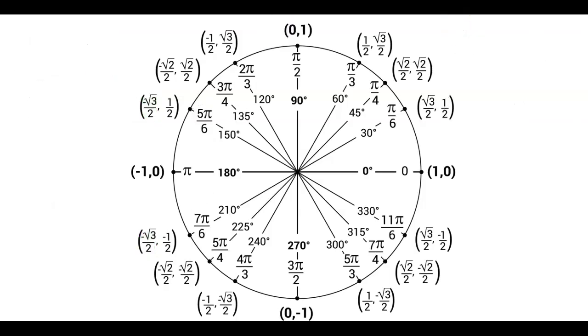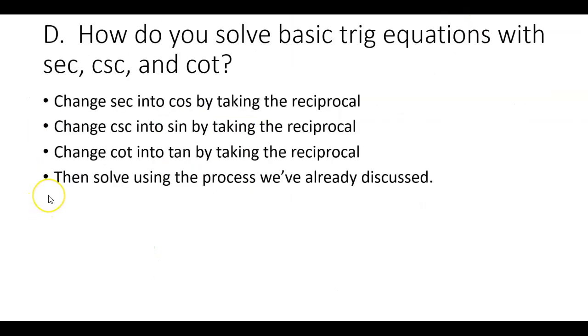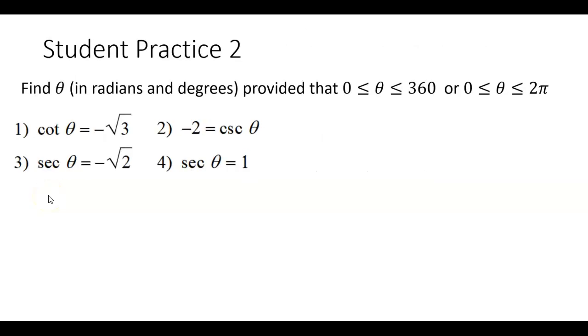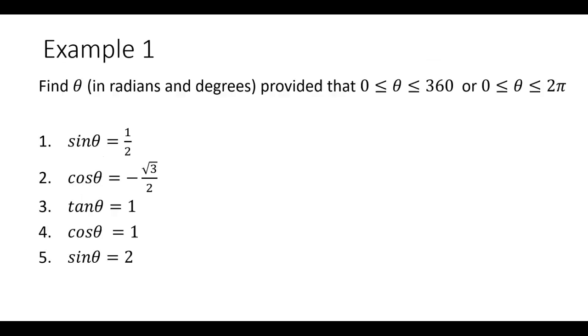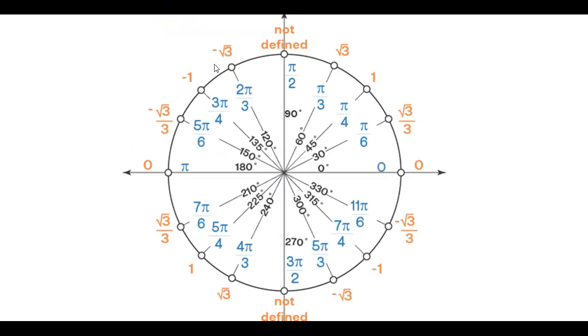Let's go ahead and move on to the next one. Okay. Let's do tangent of theta equals 1. Tangent of theta equals 1. For that one, we're going to look at our tangent unit circle. So where does tangent of theta equal 1?